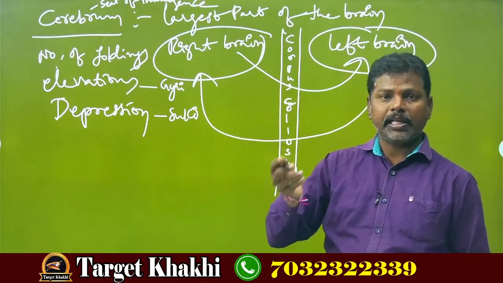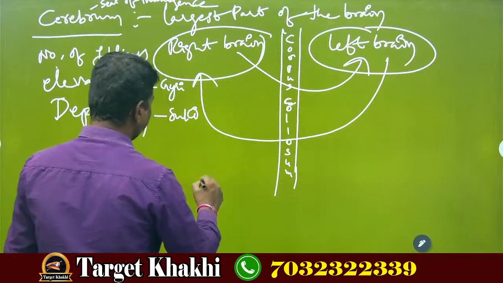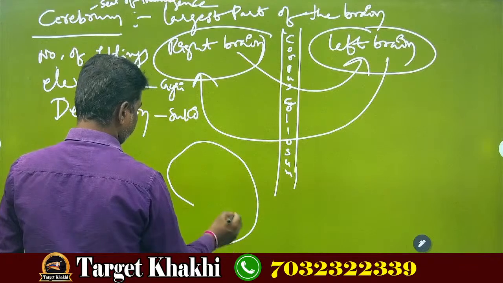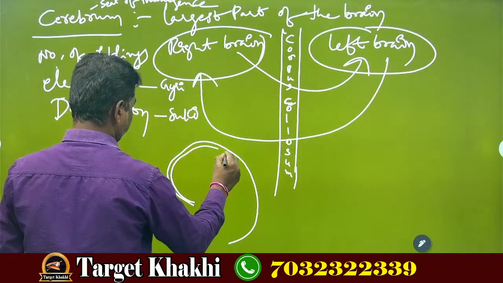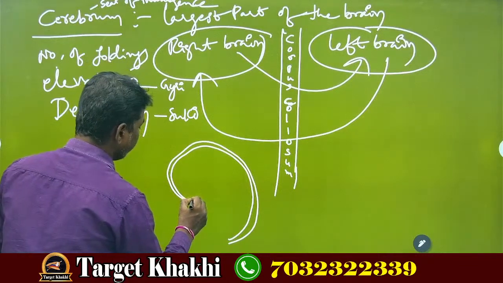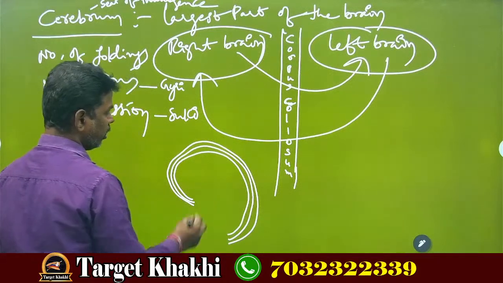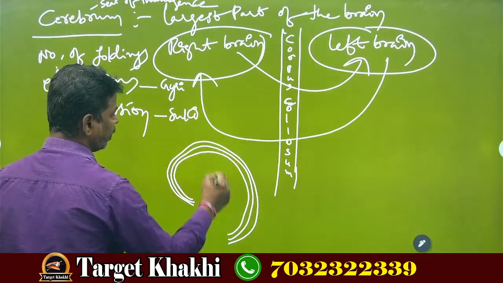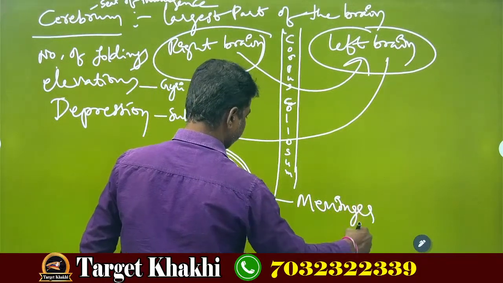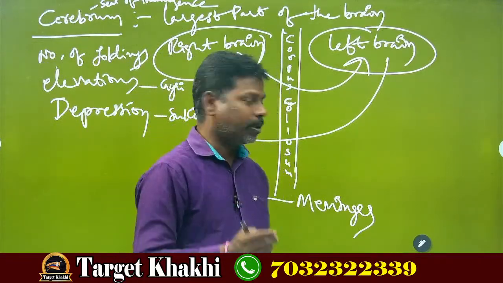But this cerebrum is covered by three layers, three membranes. The cerebrum is covered by three membranes, they are called meninges.